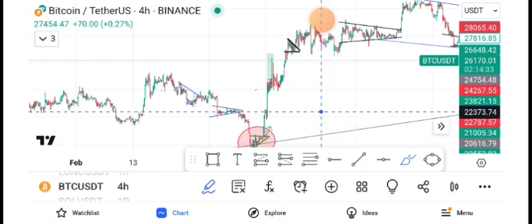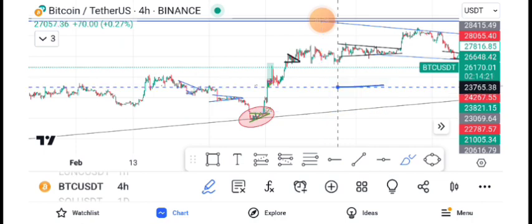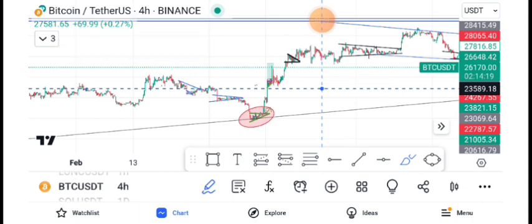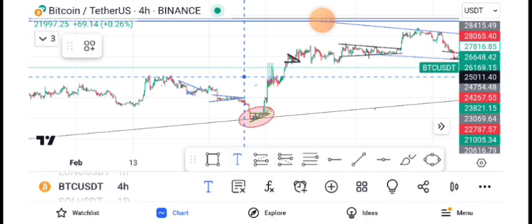So in this lecture I will try as much as possible to show you some strategies that I used in my trading career. I tested them one by one, and many times when I used these strategies they showed me good results, so my profit is greater than my losses. You already know that no matter who you are in this space, you can lose.